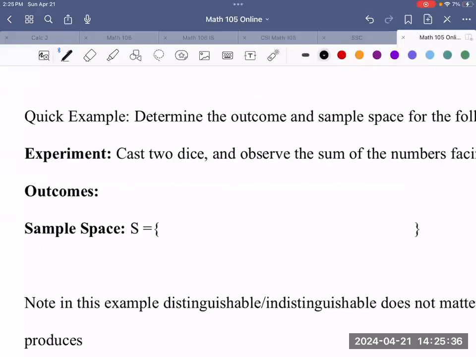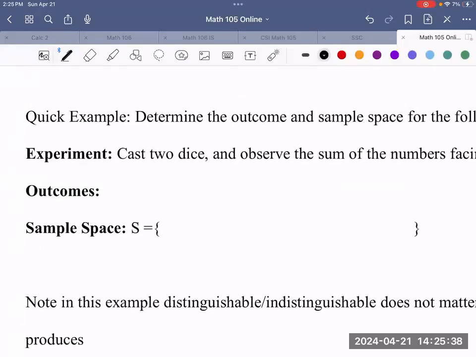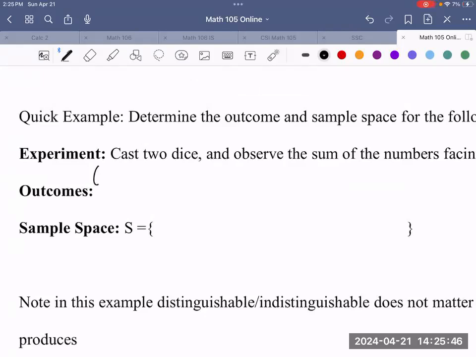So our outcomes can either be, if we're talking about 2 dice, let's say one of our sample spaces, the first one is 1 and a 1. So the sum would be 2. So that's our lowest number we can have, and we're going to go all the way up.